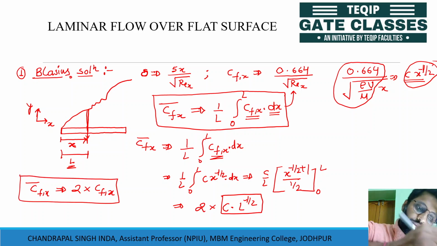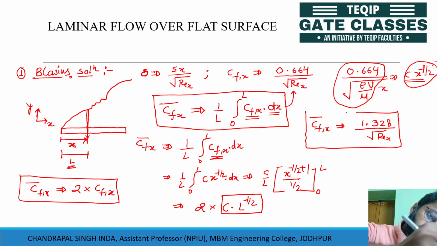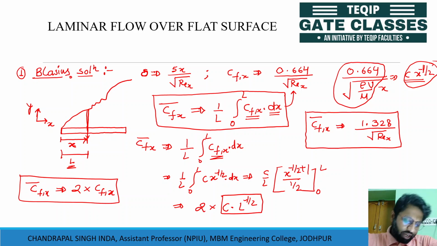So we can say Cf bar is equal to 1.328 divided by the square root of the Reynolds number. It may be asked in the exam what the relationship is between the average skin friction coefficient and the local skin friction coefficient. So it is twice for laminar flow.